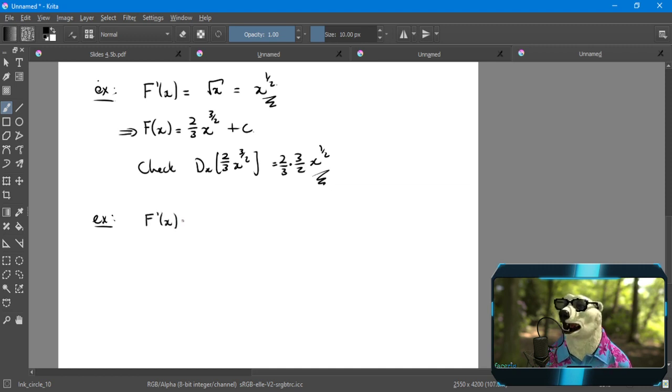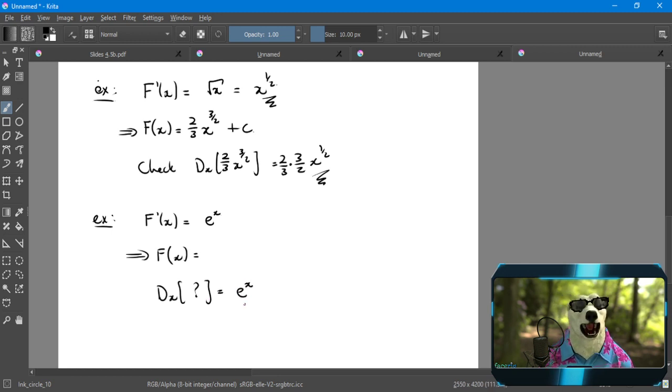If my given derivative function is e to the x, what is an antiderivative? So I'm looking for a function, something, so that its derivative answer is e to the x.